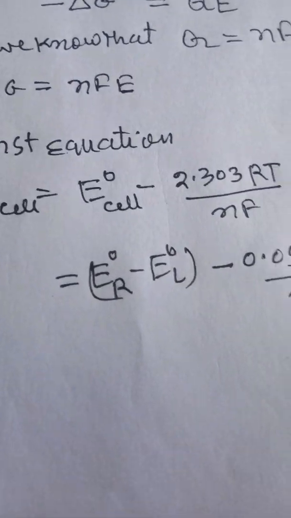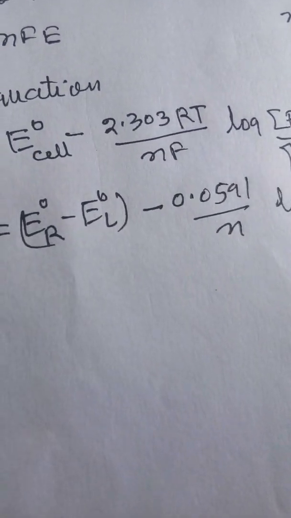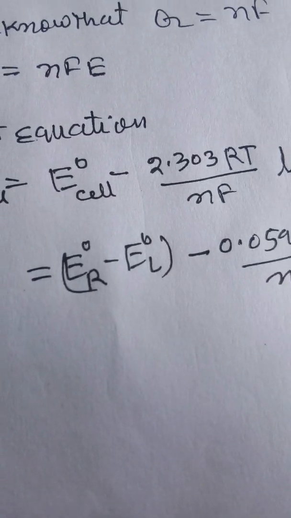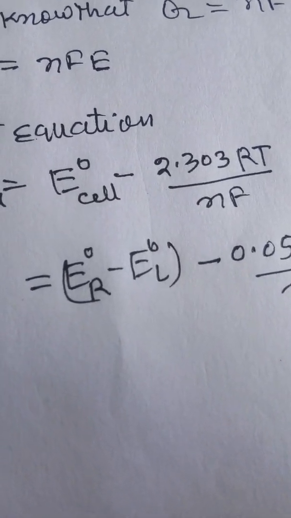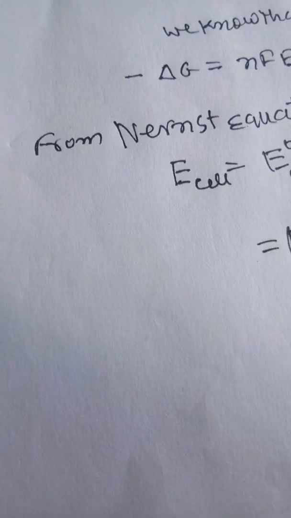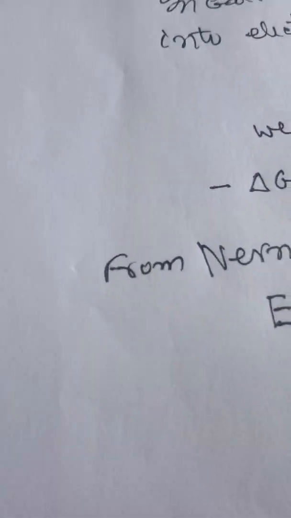A galvanic cell can be represented like this. Suppose this is one half cell.